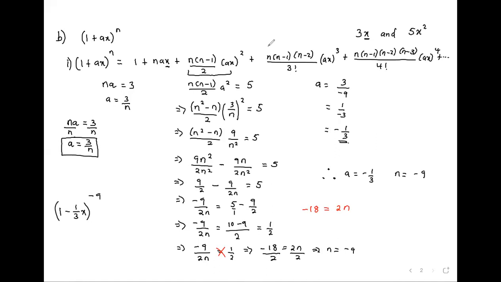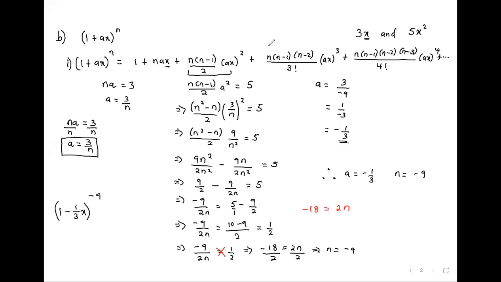So now, sir, from that question, what made you choose that part of the formula to work out? You are told that in the expansion, so you need the expansion. When you have the expansion, the coefficient of x, you equate it to the given coefficient 3.